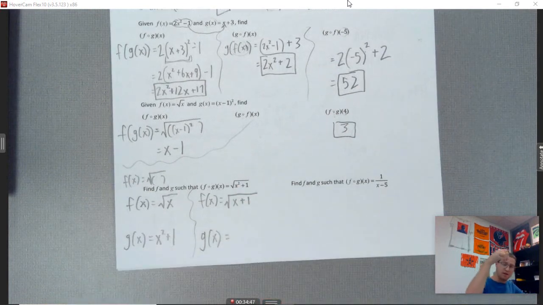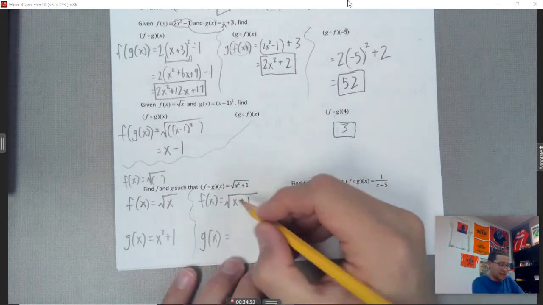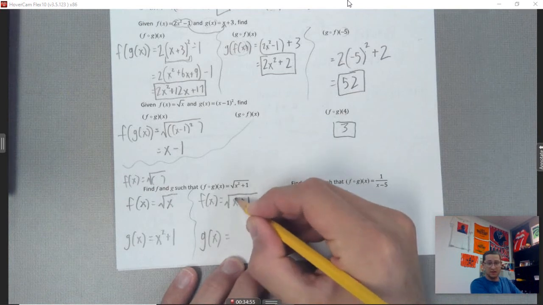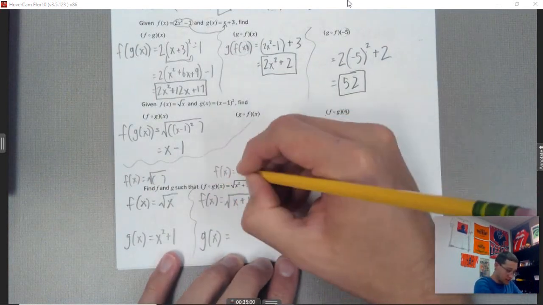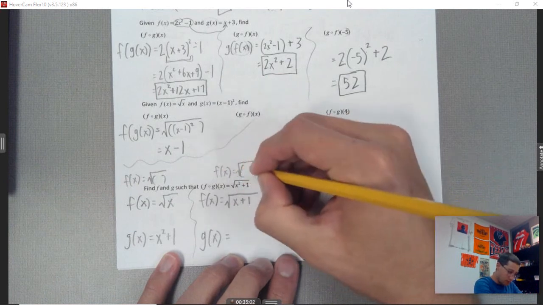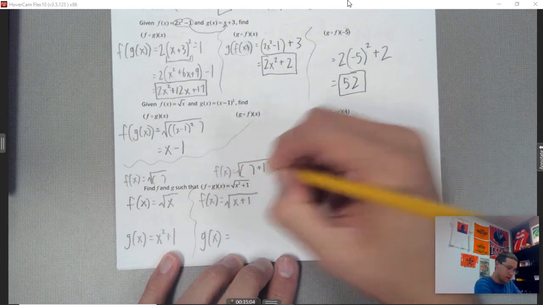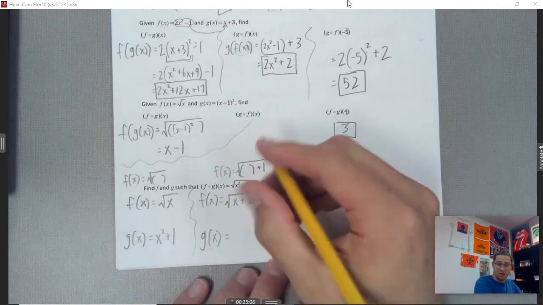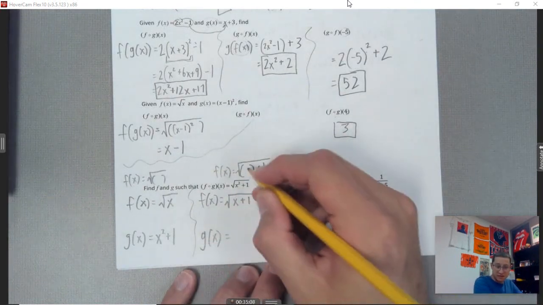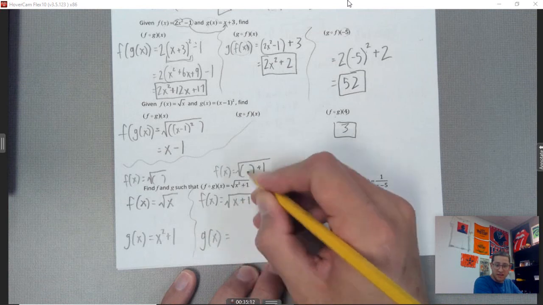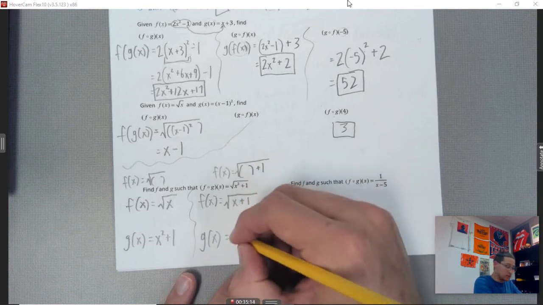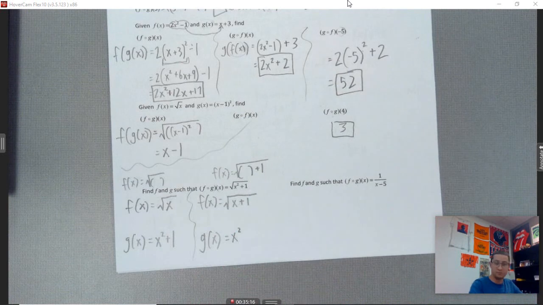It's not that you're multiplying; it's that instead of writing this, the blank one would look like this: f of x is the square root of that. What am I rewriting there? My g of x is what I would rewrite here, because I'm taking out that x. What would I rewrite here to give me this? Well, that's going to be x squared.